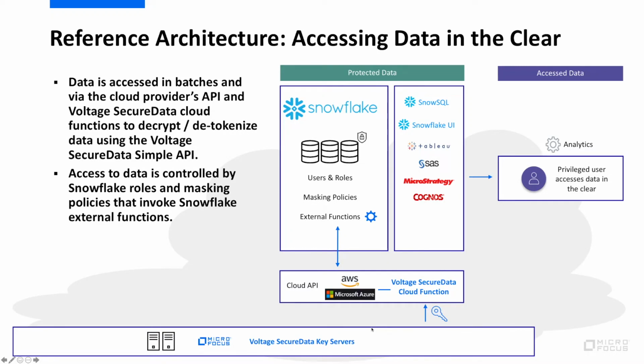It would work using our simple API, where the simple API would request a key from the Voltage SecureData key servers directly, and obviously cache that key for optimal performance and perform decryption operations within the Snowflake Data Cloud itself. The REST API would be an alternate approach to that scenario. In either case, that would then bypass the use of a cloud API. So it is something that our organizations are investigating today.